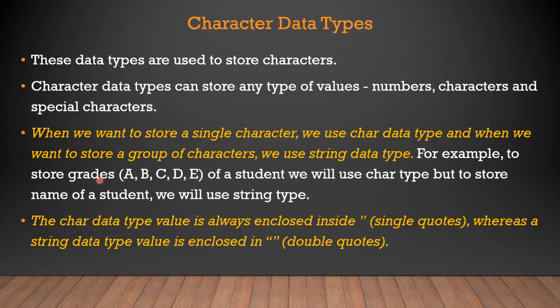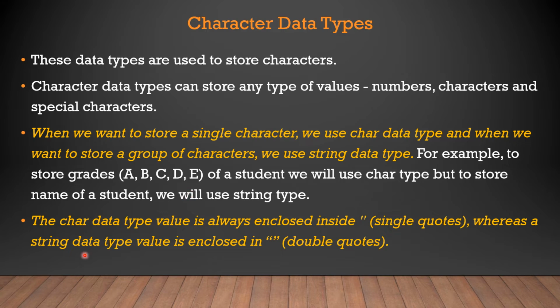Means grades are like either A, or B, or C, or D, or E. In this form, grades are given to the students. So basically, it is just a single character. And we just learned that for storing a single character, we use the char data type. And when we want to store the name of a student, it will be a group of characters. So we will be using the string type.